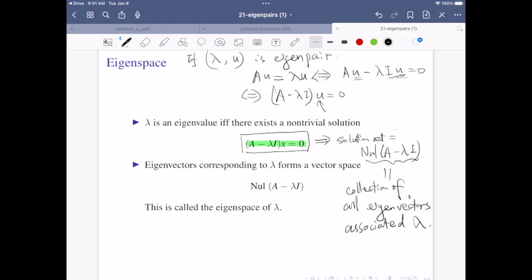And this is called the eigenspace. So the eigenspace is basically a collection of all eigenvectors associated to lambda. And the way to find it is to solve this homogeneous equation.